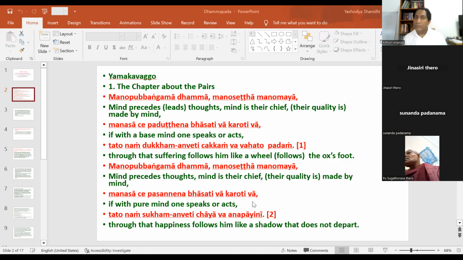But the positive impact of deeds, the better results, are deeply connected with life. That's why chayava anapayini. It is not harmful. When the time permits, the better results will come into play, so that they will give you positive outcomes, good results, comforts, all agreeables.